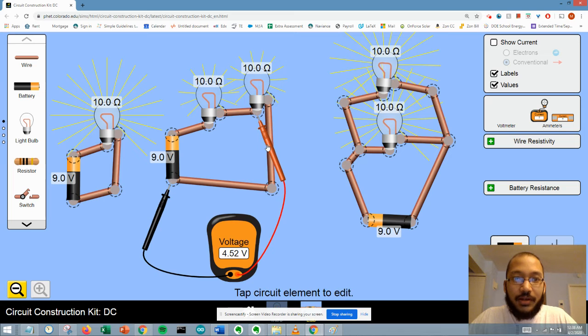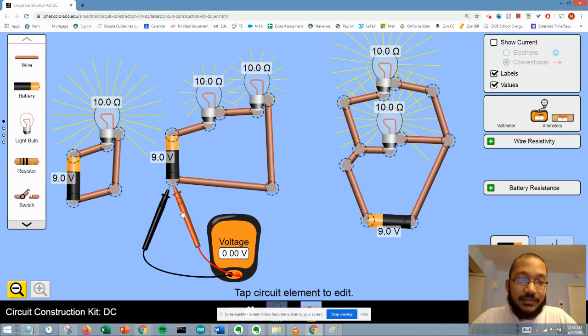Small drop across the wire, and now there's another big drop, almost another 4.5 volts. That is 4.47-ish. And this right here was about 4.46. So in both cases, it's about a 4.5 volt drop.